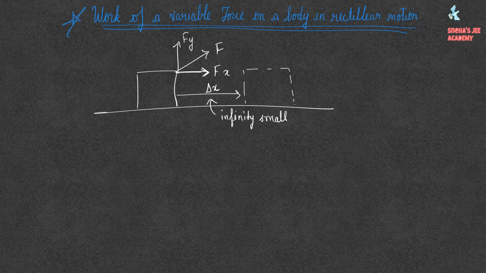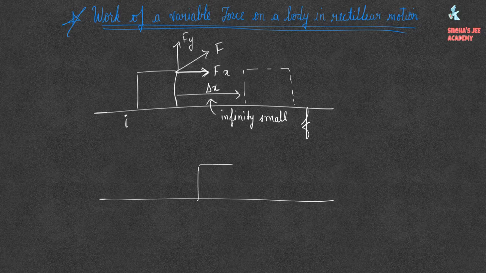So how to solve such cases is we need to take the intermediate stage of the box. Intermediate means the position: this is the initial position, this is the final position. So the intermediate is somewhere between i and f. Let's consider this to be the intermediate position where the box is over here, and this is xi and this is xf over here.